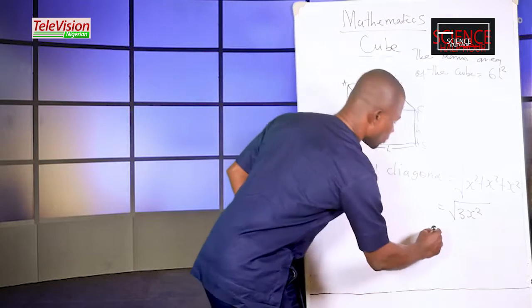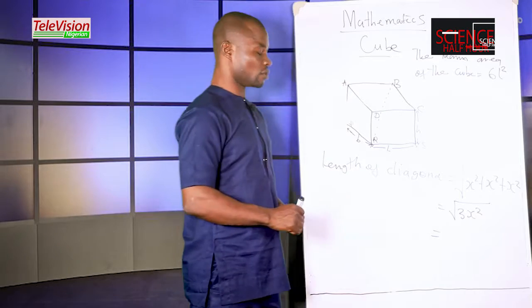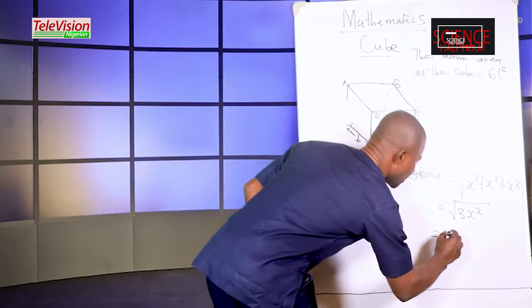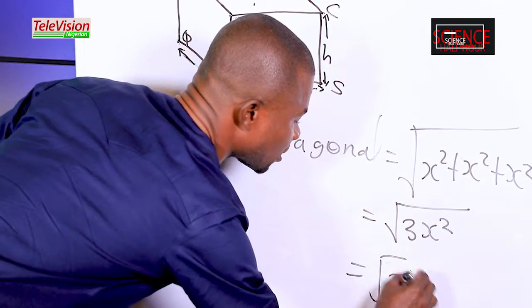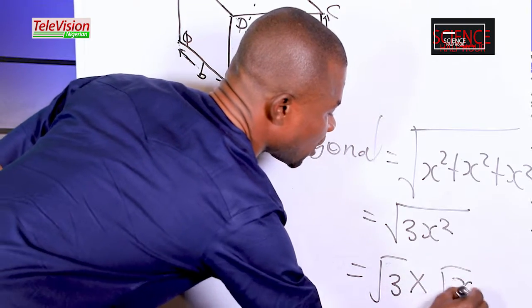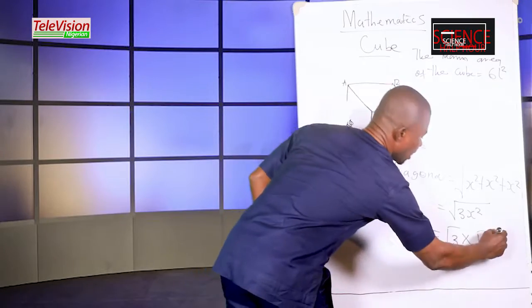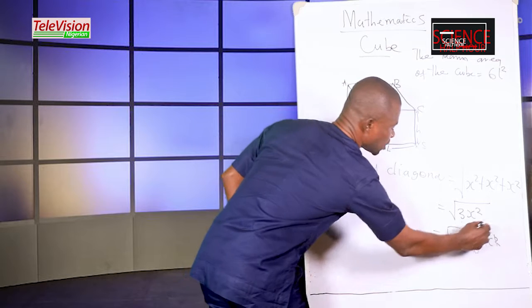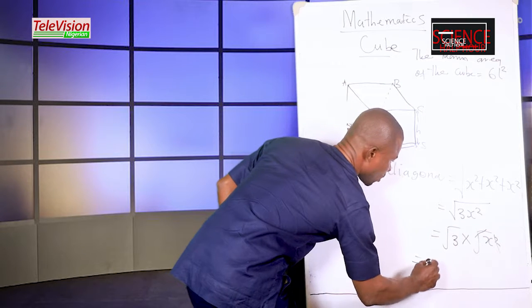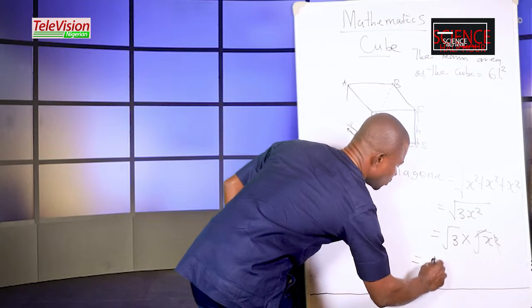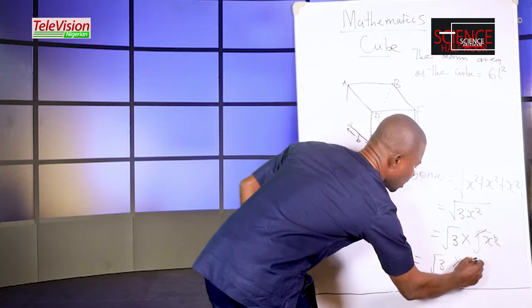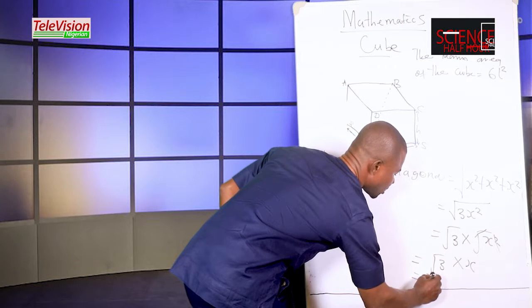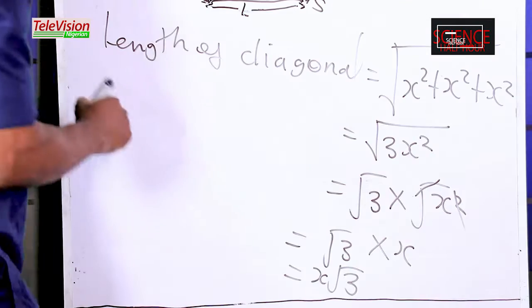From the rules of surds, we'll have it to be square root of 3 times square root of x squared. The square will cancel the square root. We'll have it to be equal to root 3 times x, which is equal to x root 3.